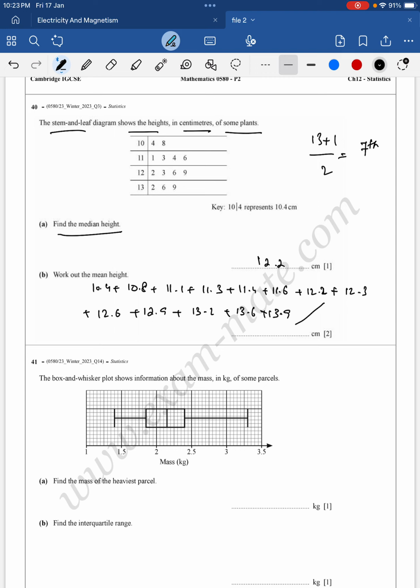Adding all and dividing by the total values, and the total values are 13, right?